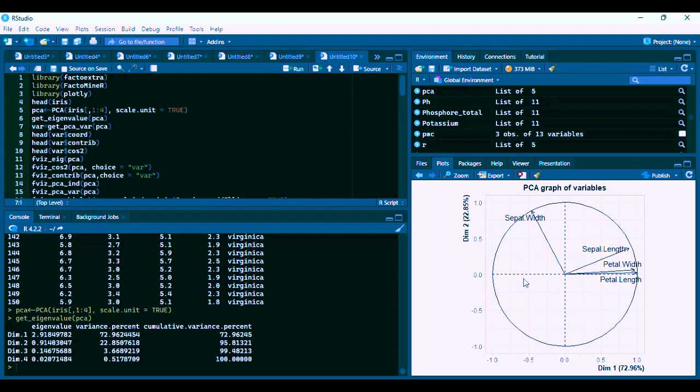Here, the first dimension explains 73%, and the second dimension explains about 22.9%.